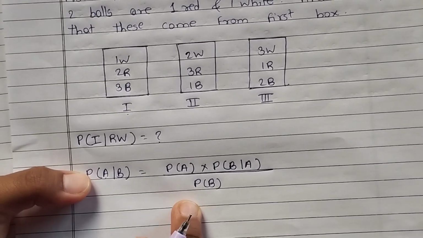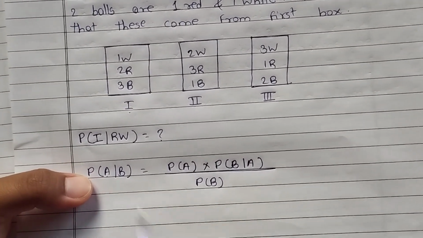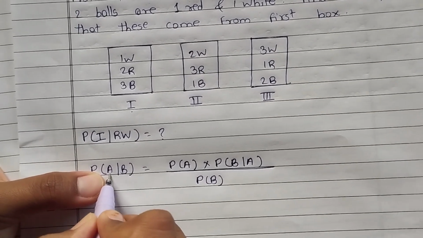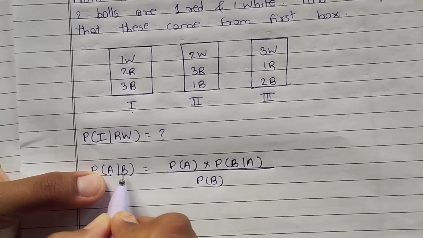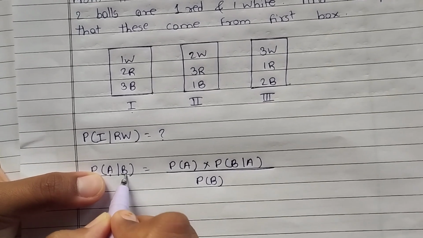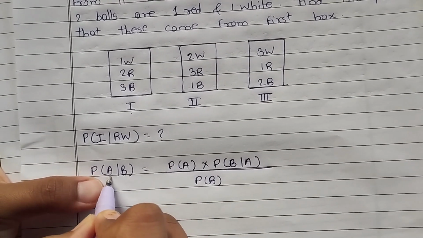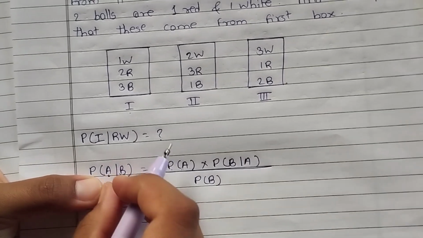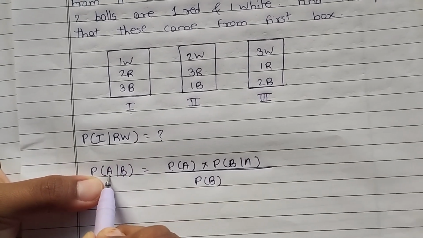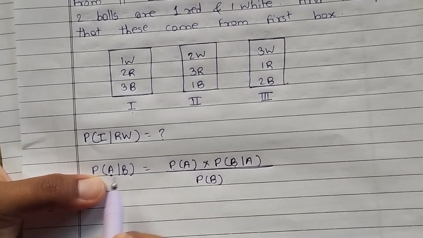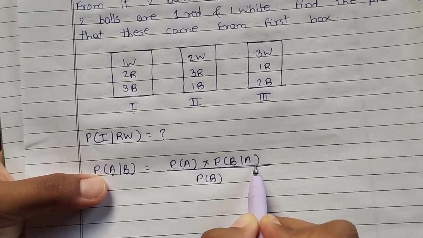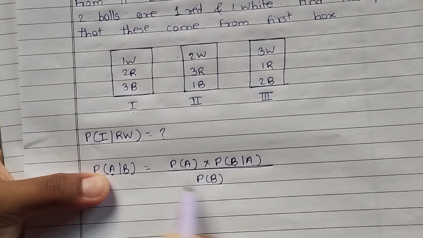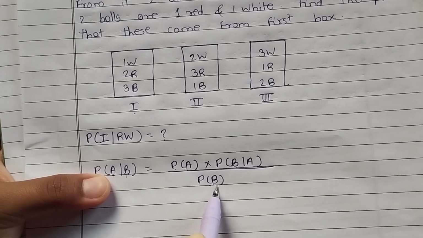Now how do you remember this formula? Simple. We want to find A with respect to B, where B is given, so A given B. Here A is present first, so write probability of A first. Then change the terms: now B is first, so B given A. In the denominator, write B, the second term.